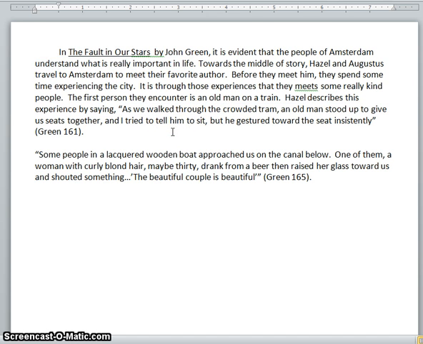And for me, it all has to do with the fact that this old man was selfless in giving these two young kids his seat.